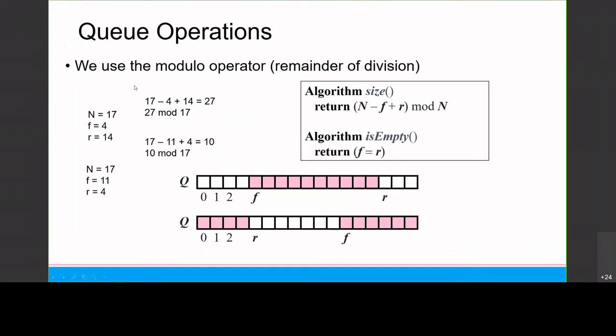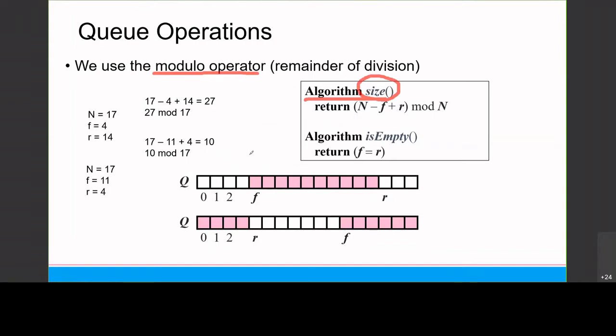Let's suppose like this one. We can reuse the modulo operator. I guess you still remember the modulo. In order to use the circular fashion, when we want to find the size, how can we know the size of the Q?